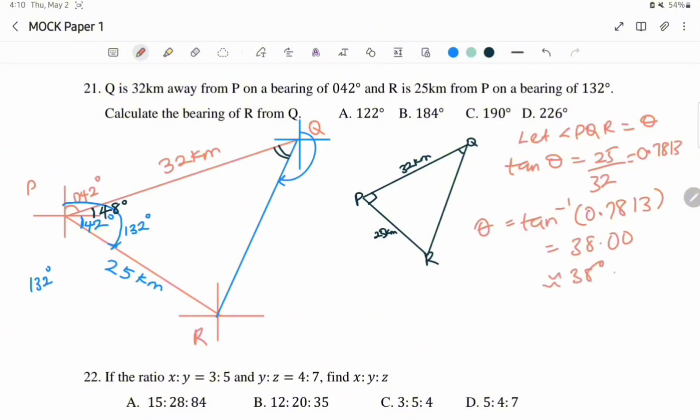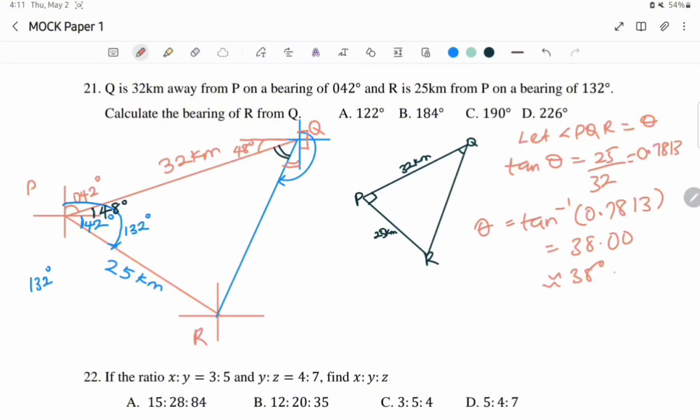Now, we've not yet answered the question, because the question says calculate the bearing of R from Q. So if this is 90 degrees and this is also 90 degrees, how do I find what the angle right here is? Well, it's quite simple. We already know what this angle here is, and that's 48 degrees, because it is alternate to the angle at P. So this is 48 degrees.